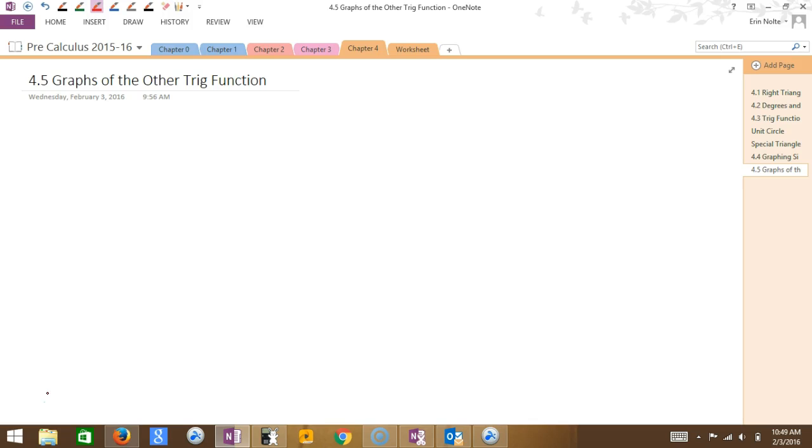Okay, so let's start with tangent. So we'll do the tangent of x, we'll just say is equal to y. This is your basic parent function. First of all, what's the amplitude on this? 1.